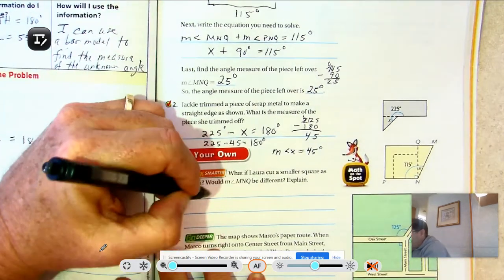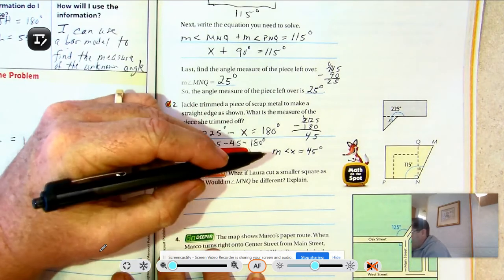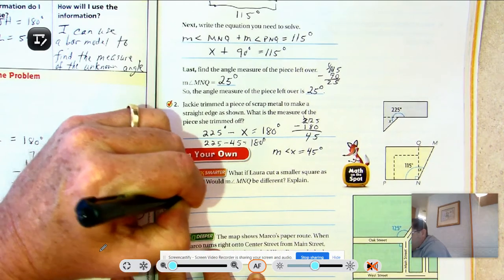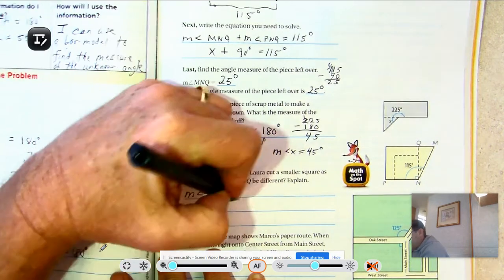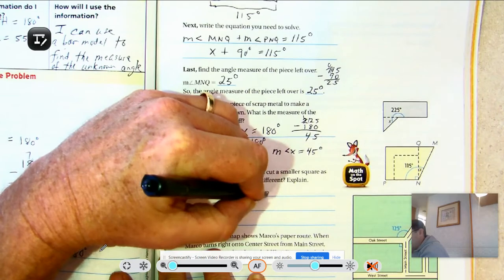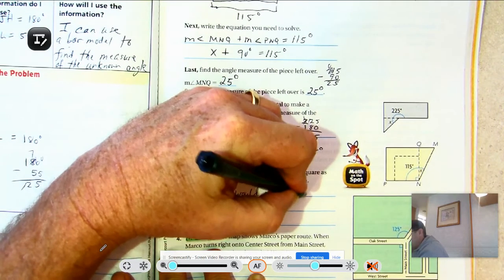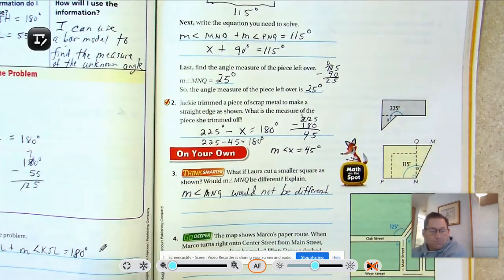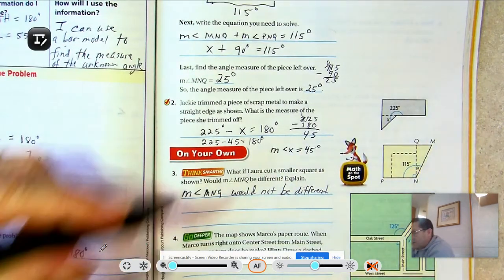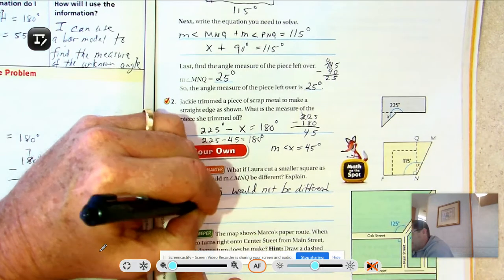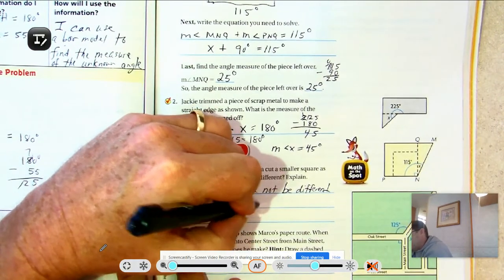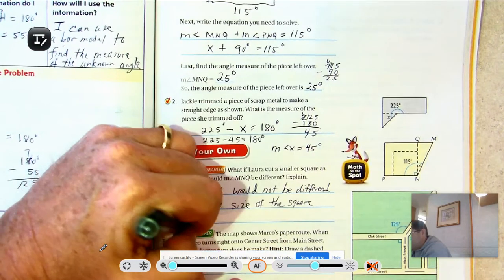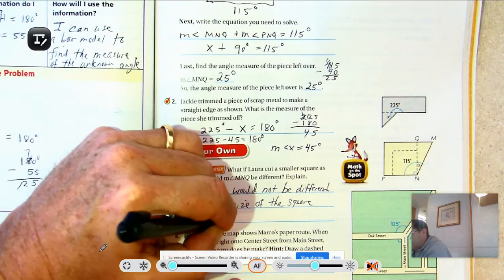So they would not be different. The measure of M and Q would not be different. Only the size of the square changed, not the angles.